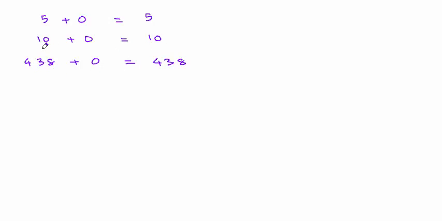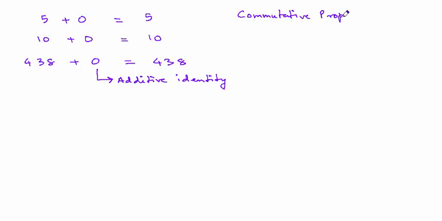In other words, the identity of the number is preserved when we add 0 to a number. And 0 is called the additive identity. Recall that the commutative property works for addition, which means you can add numbers in any order, the answer is still the same.